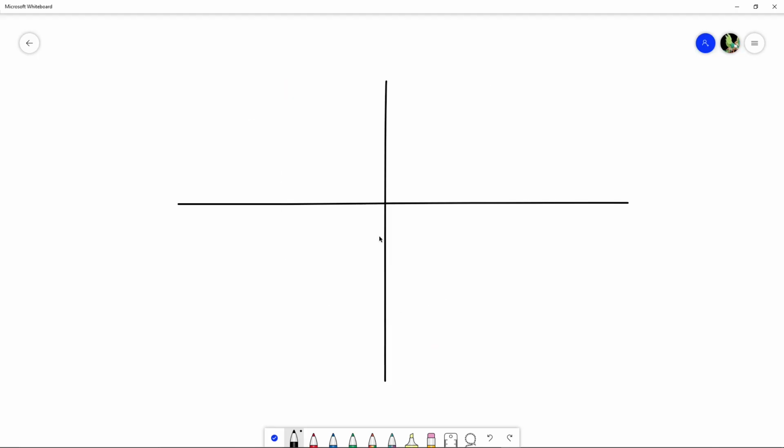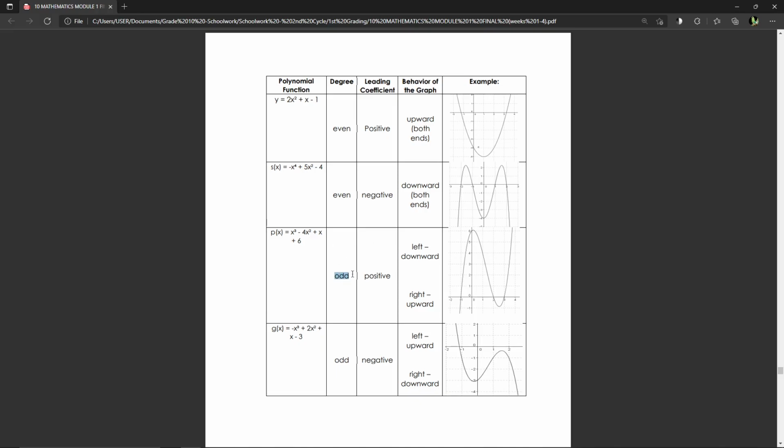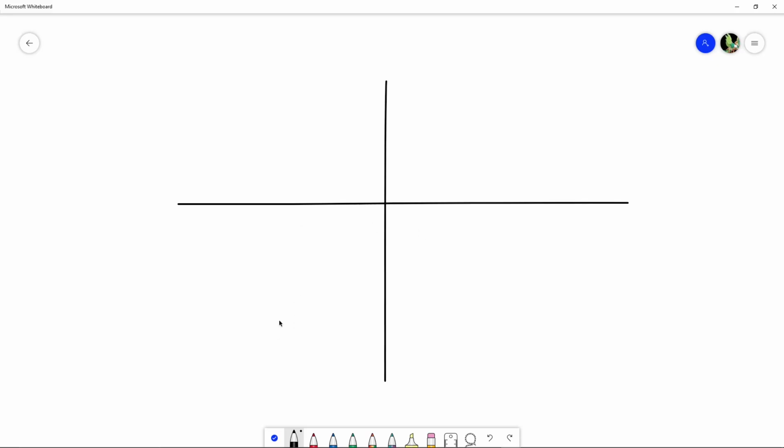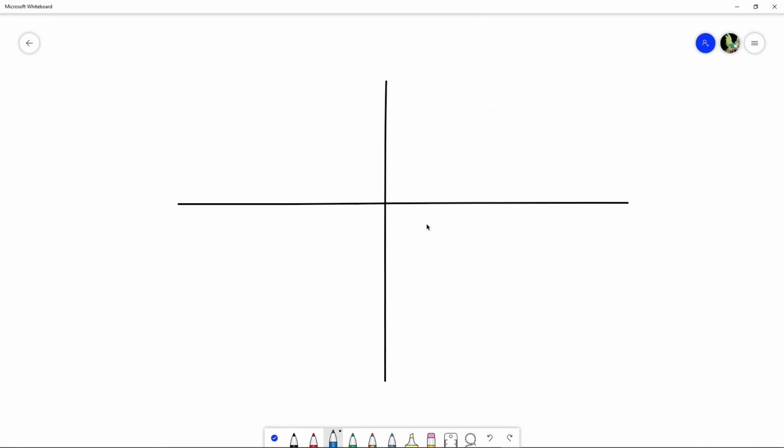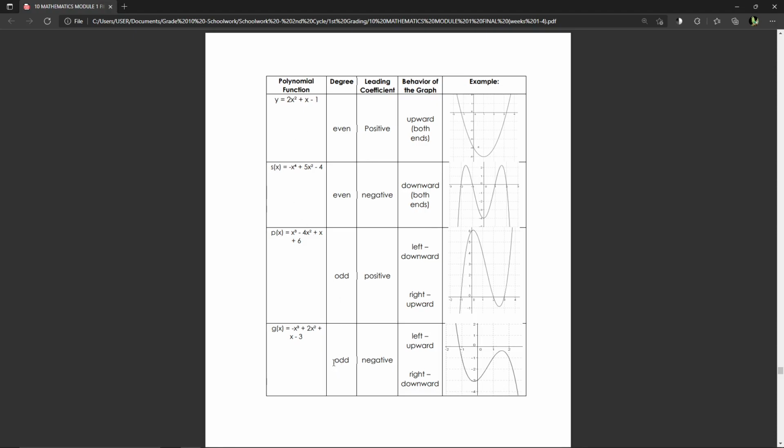For the odd this time, if it's an odd degree with exponent and a positive leading coefficient, it's going to go left downward, right upward. So the endpoints are going to be like this. The left goes downward, right goes upward. If we have an odd negative, it's going to inverse. But this time we have left going upward and right going downward.